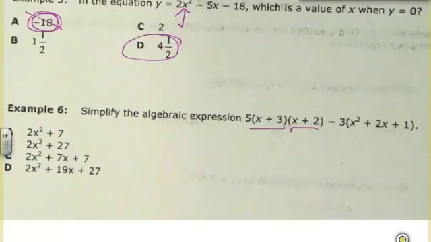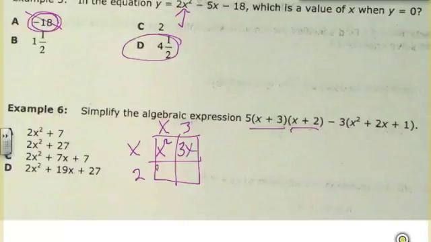That's easier for me. So I'm going to set up my box. I've got x plus 3 and x plus 2. That gives me x squared, 3x, 2x, and 6. Now I need to take this product and multiply it by the 5.